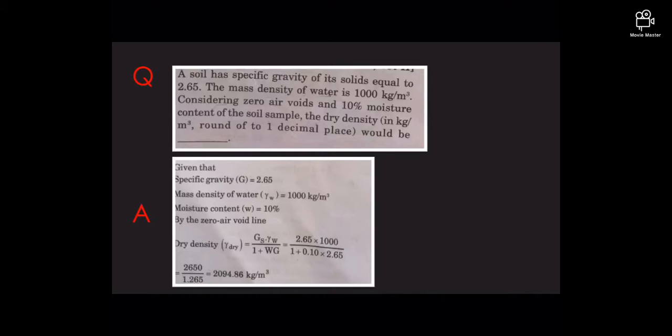So we all know for 0 air voids, dry density is equal to G gamma w by 1 plus w into G. The formula we have to remember is G gamma w by 1 plus w into G, which is equal to 2.65 into 1000 by 1 plus 0.10 into 2.65.